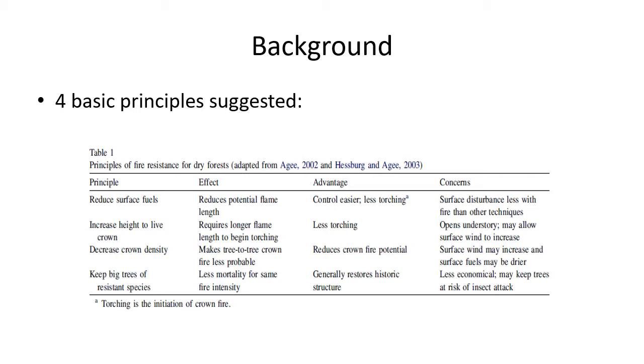Ultimately, reduce crown bulk density, which as we've seen will make it more difficult for an active crown fire to develop. And then the last principle is to preferentially retain large trees of species that are resistant to fire.